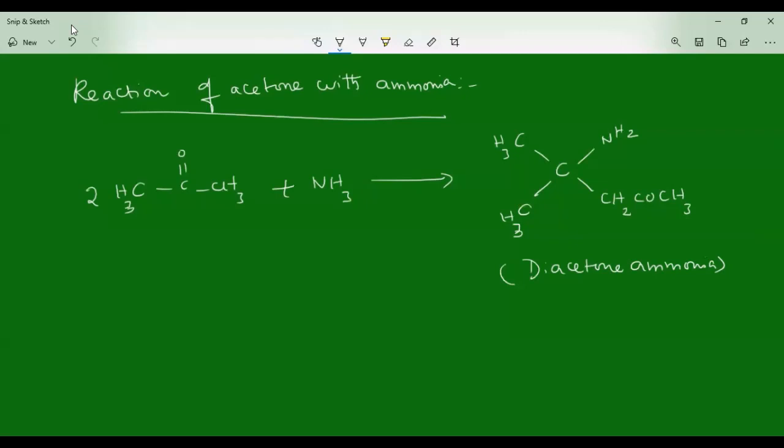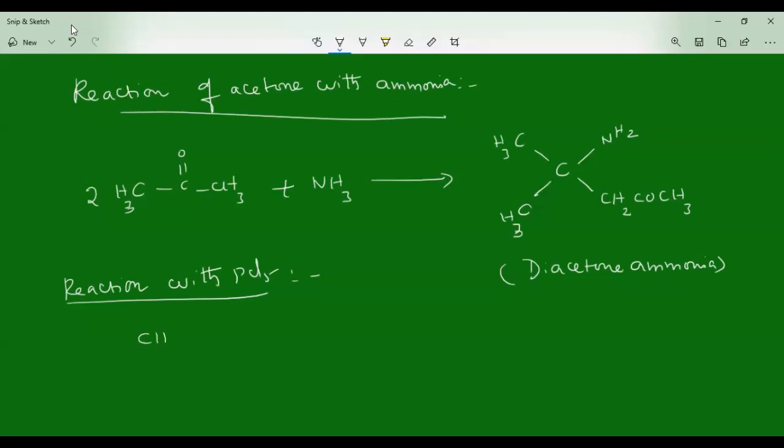Another one. We're going to talk about the reaction with phosphorus pentachloride, another important reaction of carbonyl compounds. Usually carbonyl compounds react with PCl5 to give geminal dihalides.